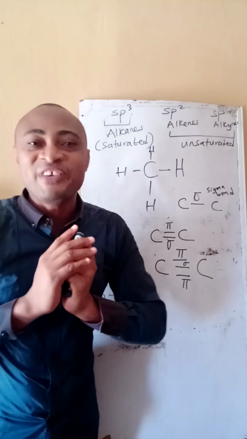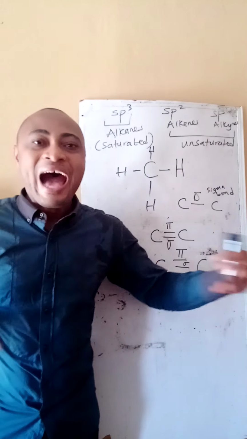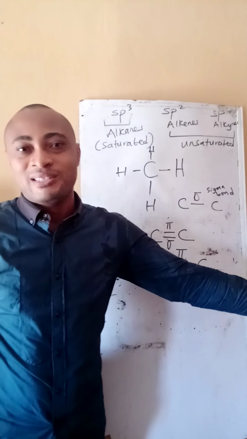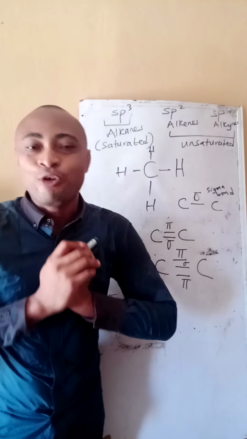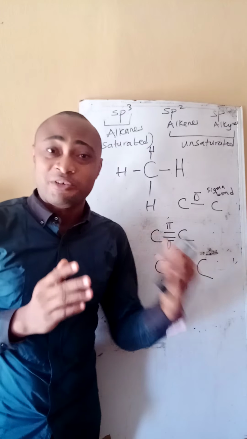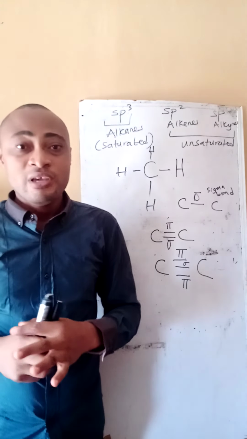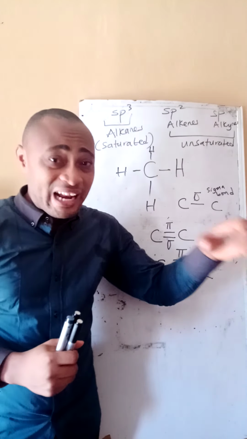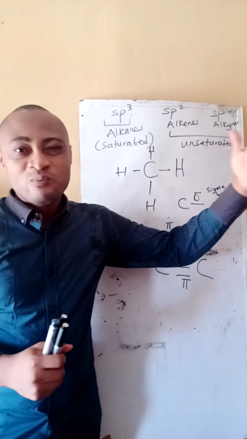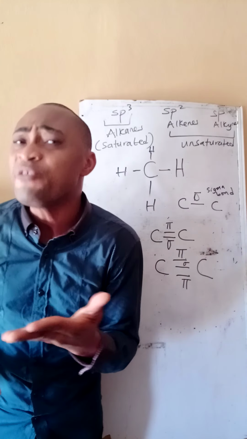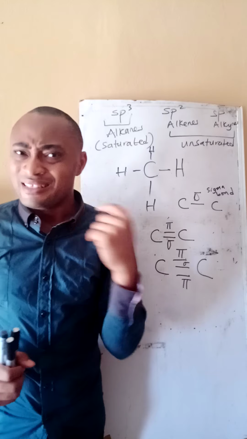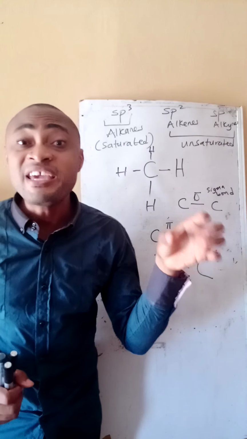Now in our next video, I will lay emphasis on these categories of allotropes, the allotropic forms. That's the crystalline and the amorphous. Now remember that the crystalline allotrope involves diamond, graphite, and the fullerenes. Yeah, is this the first time you've heard that? The fullerenes.